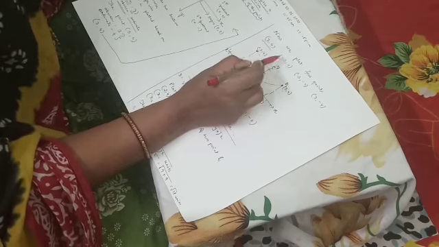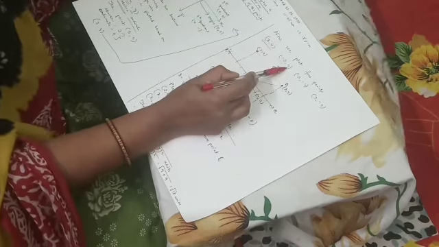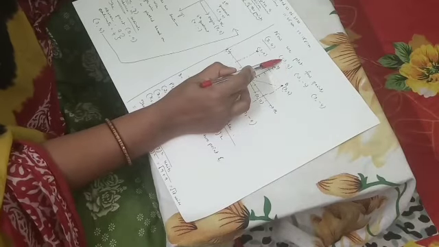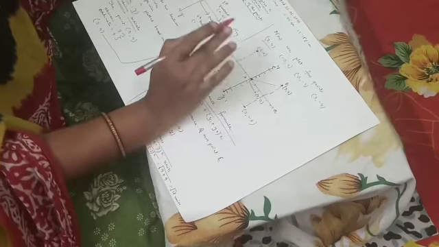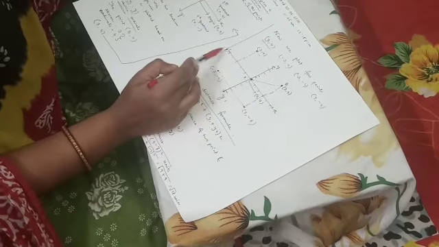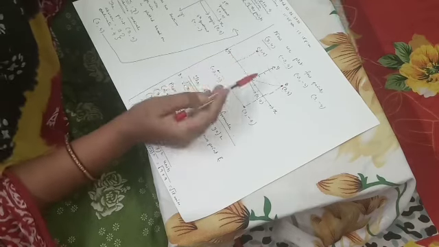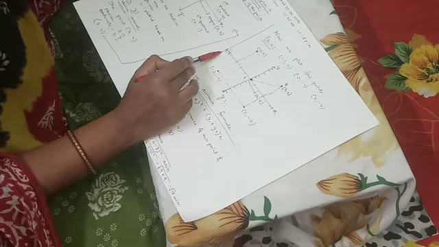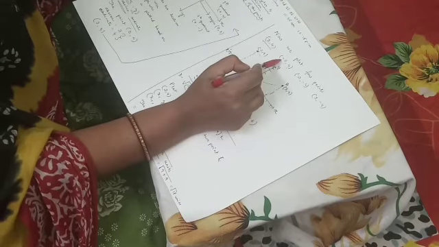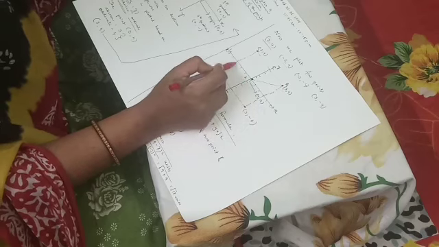Now, let's move to the next point. Next point is minus 3, 4. Minus 3 means the x-axis is on the negative side. Which side is the negative side? The left side is the negative side. Now we are proceeding to the negative side of the x-axis where abscissa will be minus 3. Now 1, 2, 3.